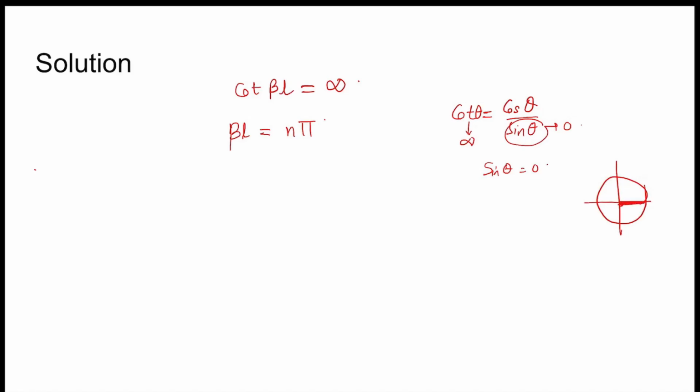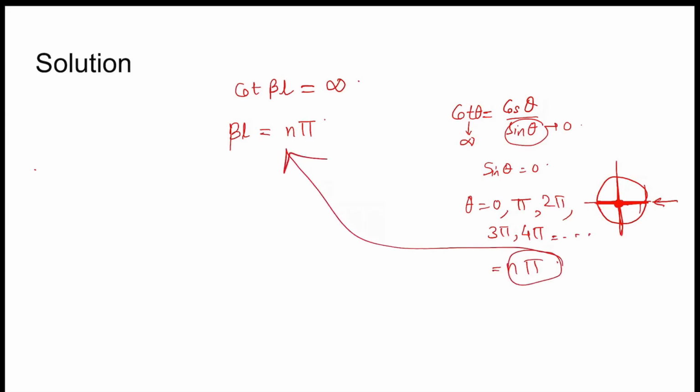You can see here in this circle, it is 0 at theta equal to 0, then just see the y projection. If it is here, then the y projection is 0, then again here which is pi, then again when it is 2 pi, then 3 pi, then 4 pi. So integral multiples of pi, that's why it is coming. So beta L must be n pi, then cot beta L will be infinity.